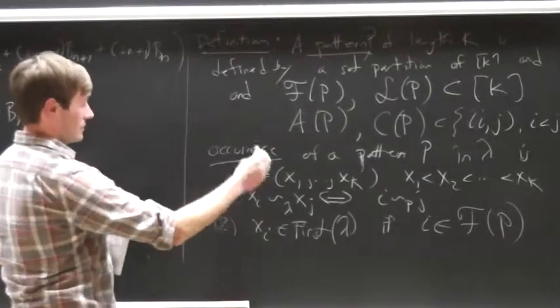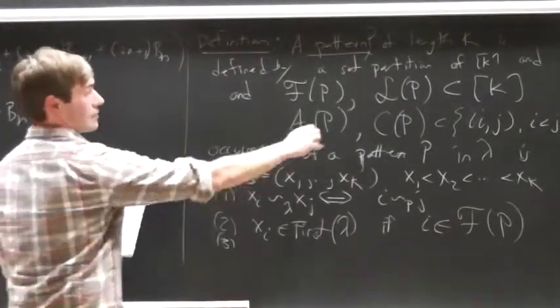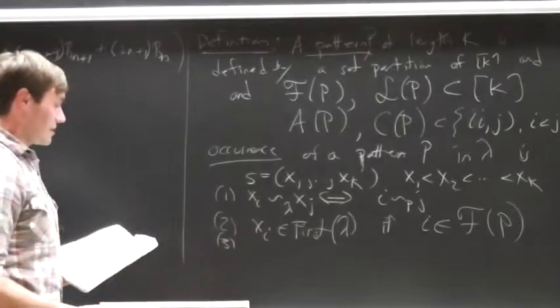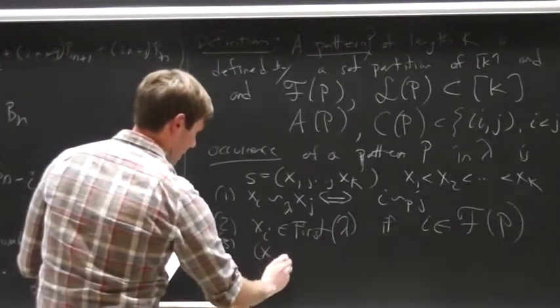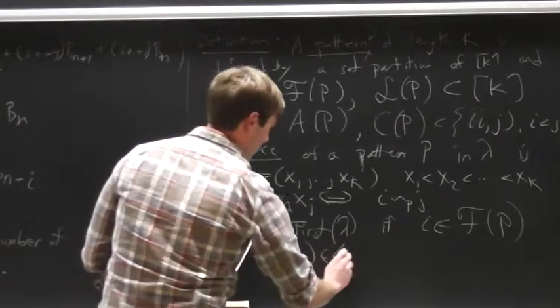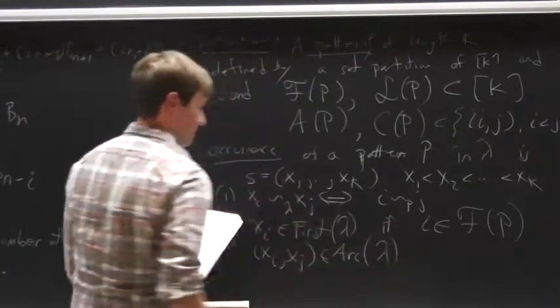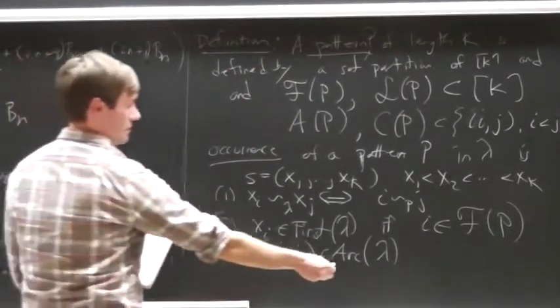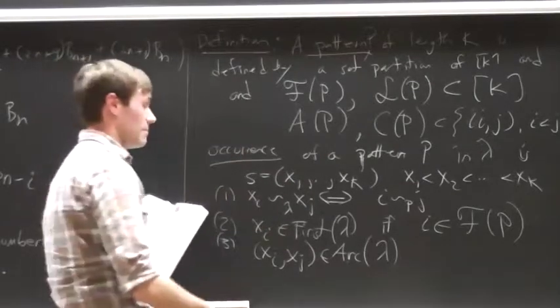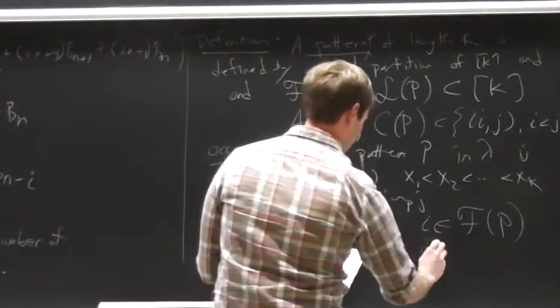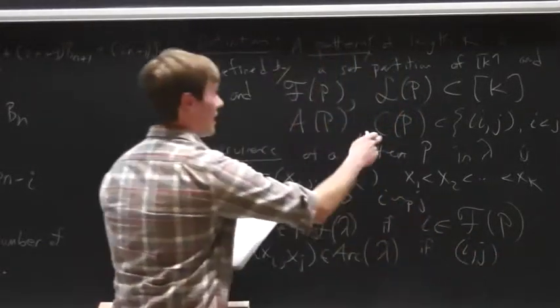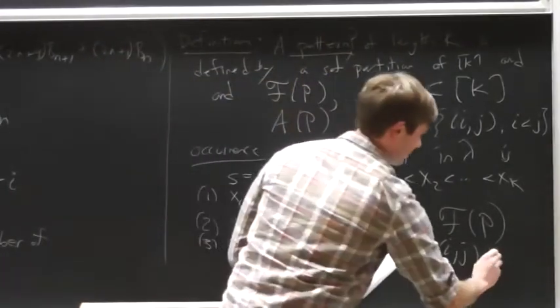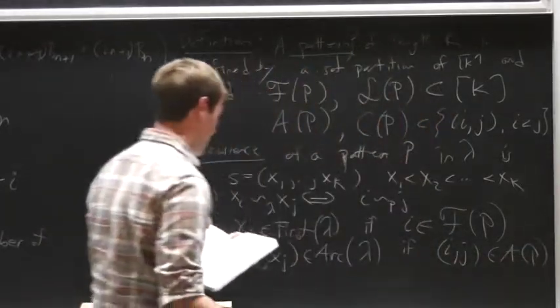Similarly for L and lasts, it has to be in the lasts. And xi and xj are arcs, which just means there is an arc connecting them, if i and j were specified to have an arc between them.